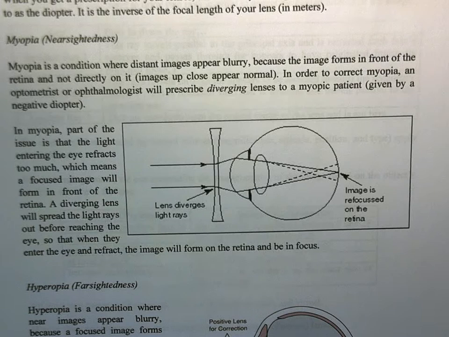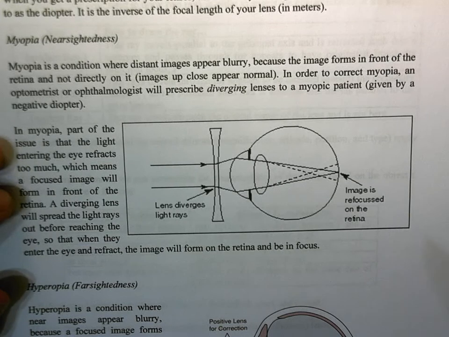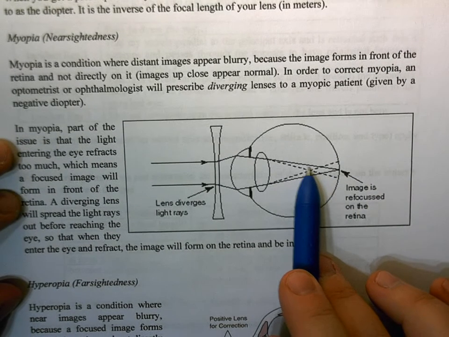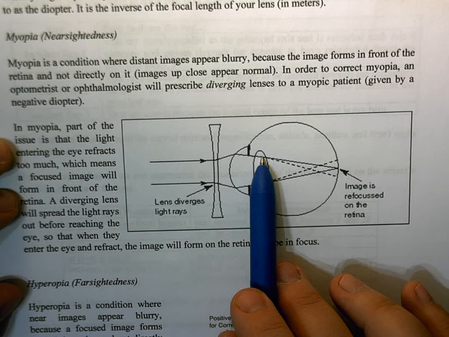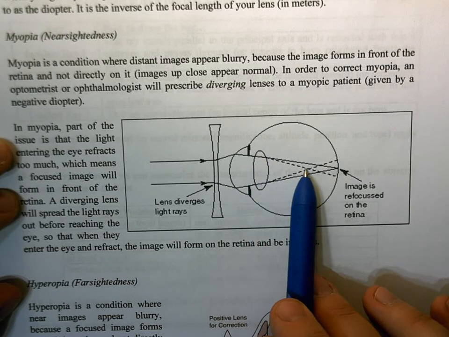You can see very well close up, but far away, you have a little bit of a problem. What's actually happening for a person who has nearsightedness is that the focused image formed with the convergence of those light rays is happening in front of the retina. This is causing the image to be blurry. So what's happening in your lens is the light is refracting a little bit too much.